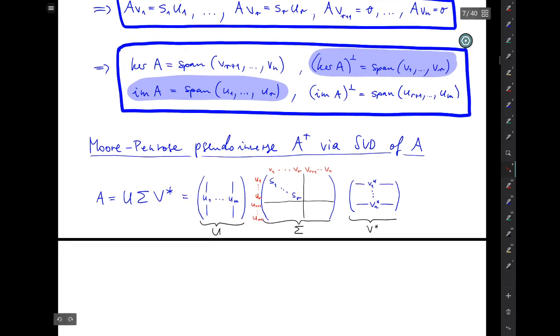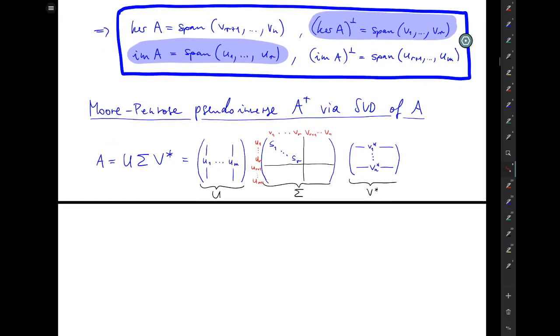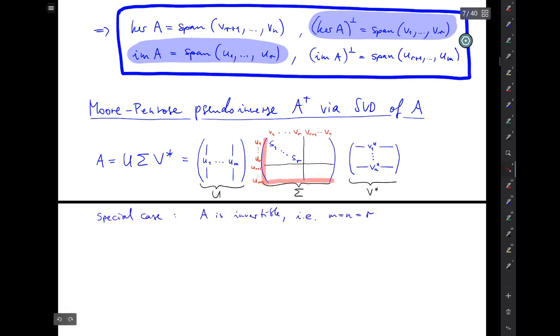And now just to get started with the formula for the pseudo-inverse, let's assume A is actually invertible, in which case it must be square and full rank. Then your sigma will be a square matrix.